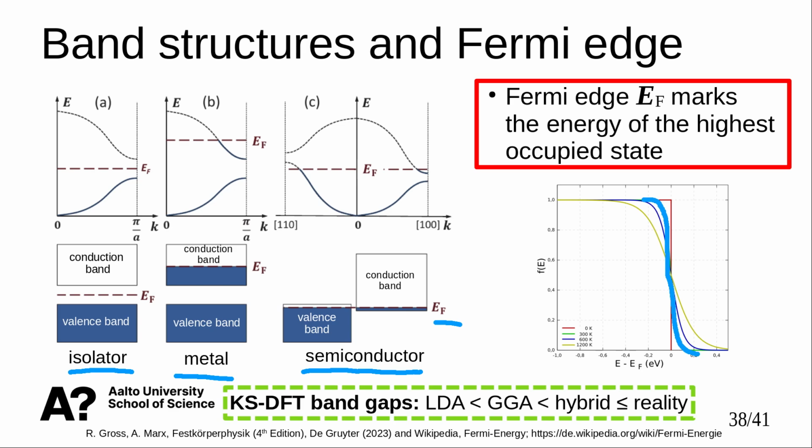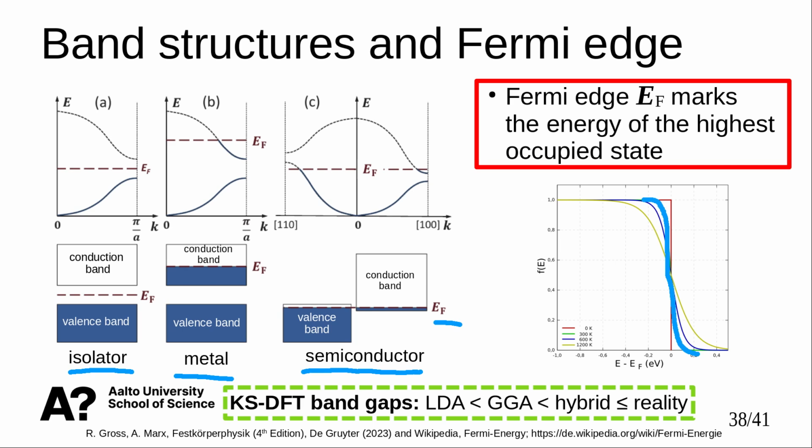And one thing, if we actually compute the band gaps, so we applied the smearing in our DFT calculations to be a bit more realistic, for example, to compute our band gaps, then what it basically shows is that LDA provides the worst band gaps.